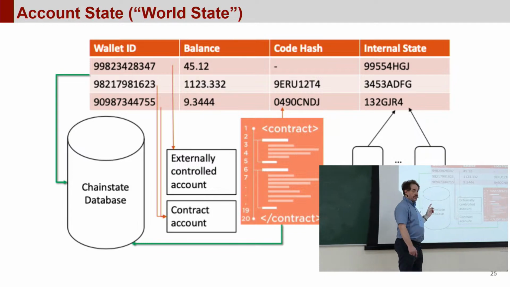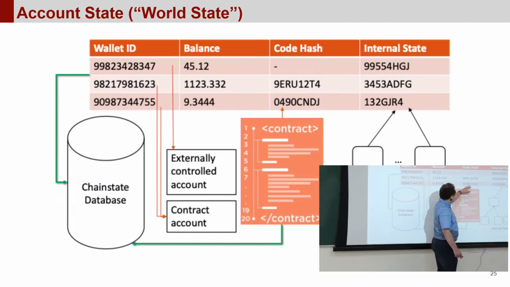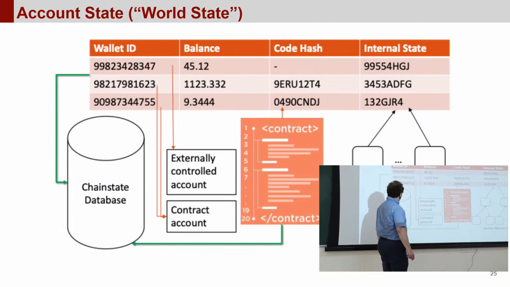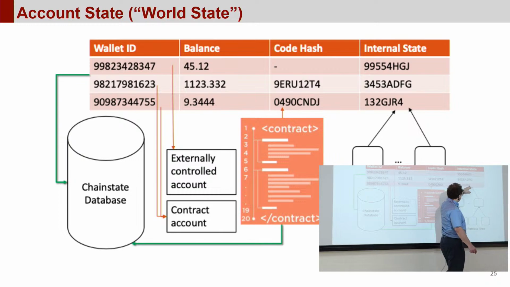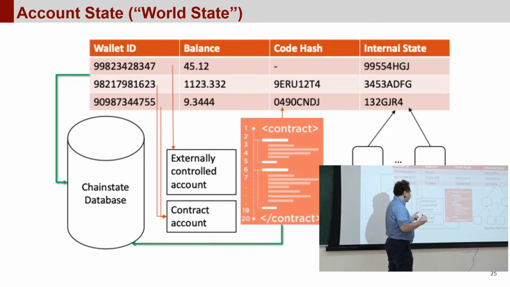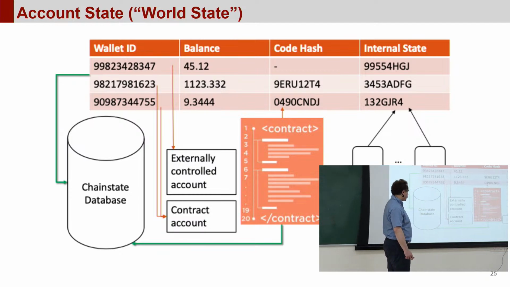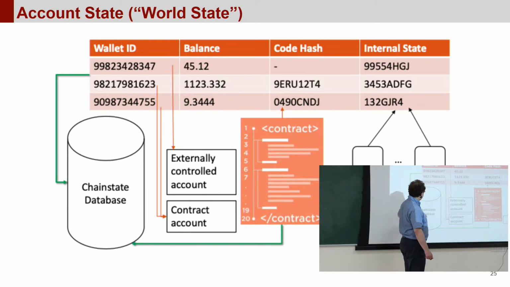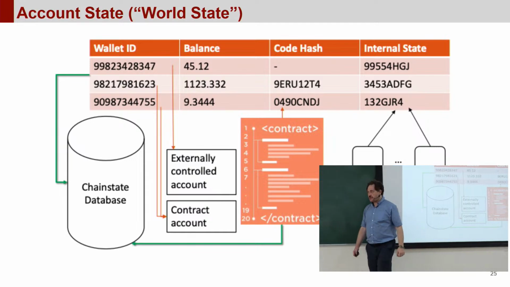The code of the contract is secured by the hash of the code, which is stored in the database. So for a contract, you can see the balance, the code hash, and the reference to the root hash of the partition of the contract. Some accounts are controlled by a user, while some other accounts can be contract accounts. There are two types of accounts in Ethereum.